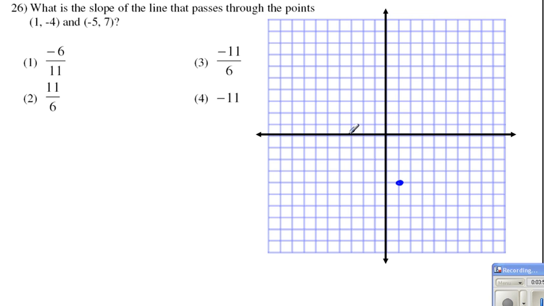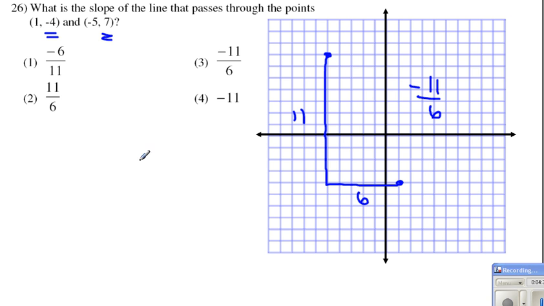And negative 5 comma 7. In fact, you will realize that it's negative because it's going down, but how much is it going down? It is going down a lot. You can figure that out by 7 and negative 4, which is an 11 difference. How about horizontal? It will be in fact 6. So therefore our slope will be negative 11 over 6.